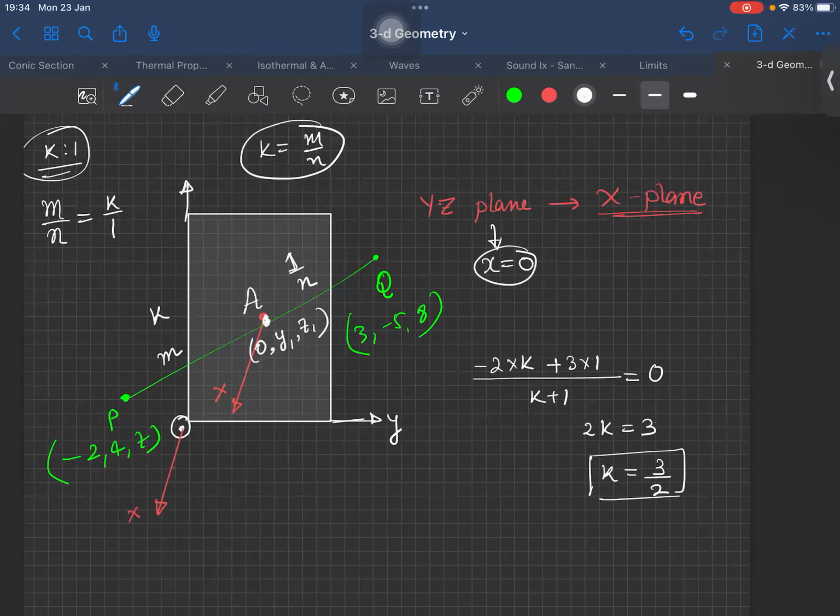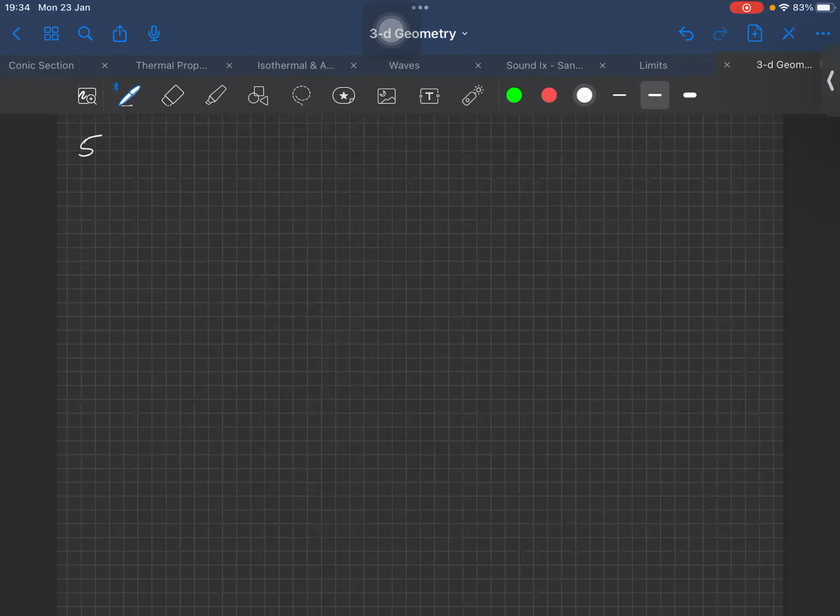All right, let's come to the next question, question number 4. Using the section formula, show that 3 points are collinear.